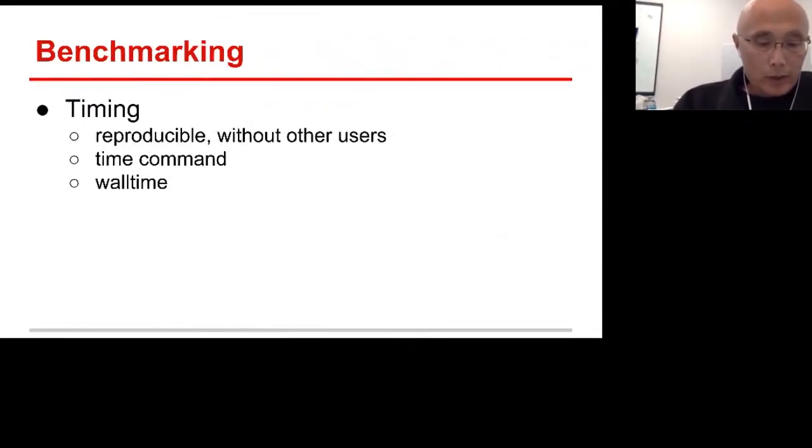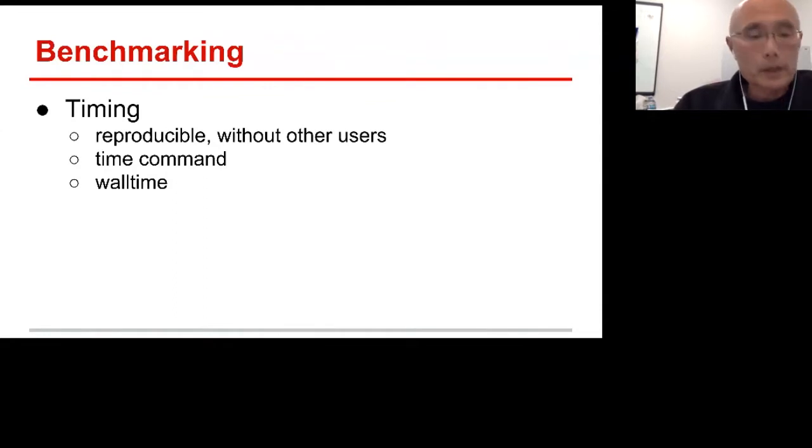Now, probably a lot of you who are going to be using Cedar or Graham will be running parallel programs, either written by yourself or by using systems available from elsewhere.